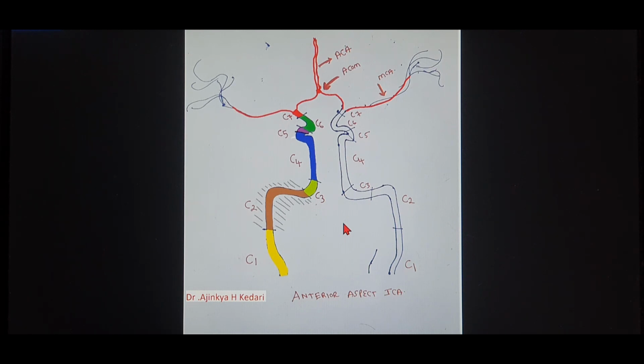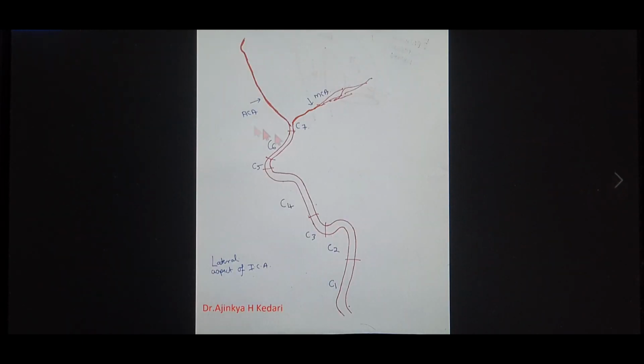So this photograph which you're seeing here is in a coronal section. This is the entire length of the carotid artery along with its course and the anterior posterior deviation and turns. So imagine this is a coronal front view and this one being a lateral view, that's the sagittal view.